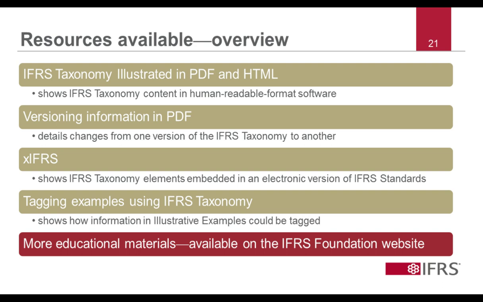Most of those resources are published as supporting materials for the annual IFRS taxonomy, but also for any proposed IFRS taxonomy updates that are released throughout the year. On the next slide, I will go through each one of them and show you an example of how they look.